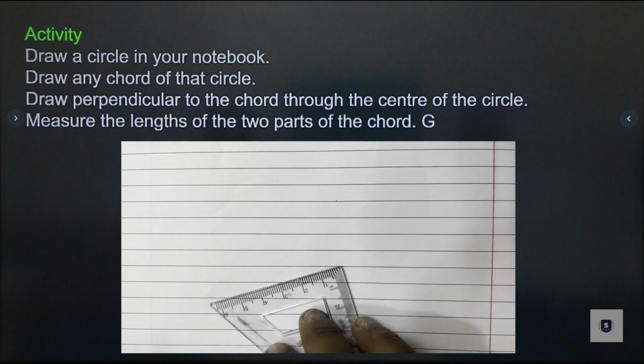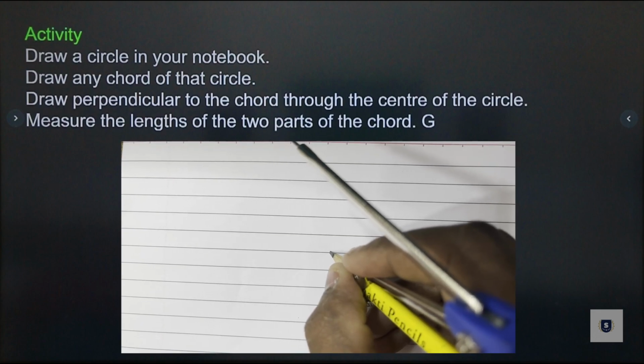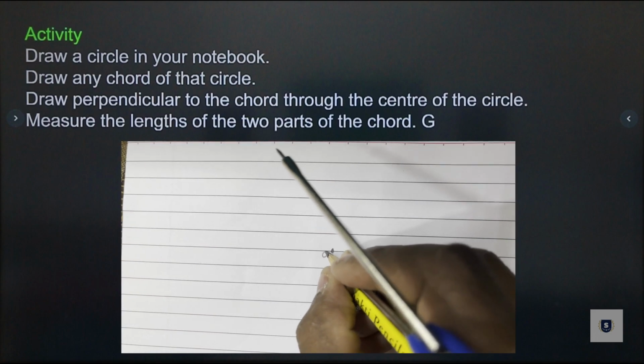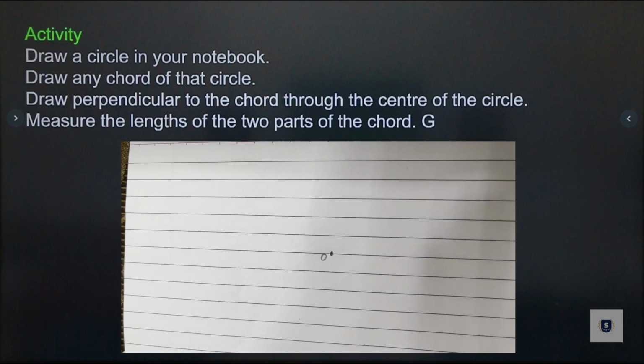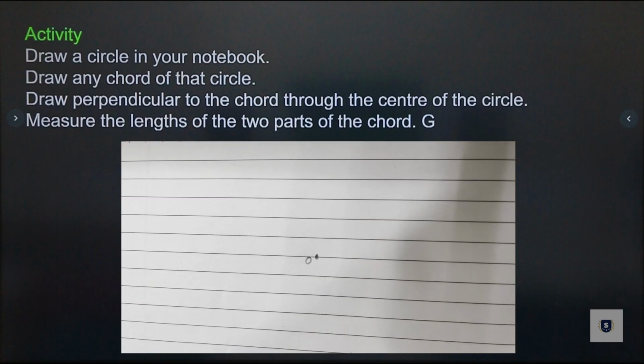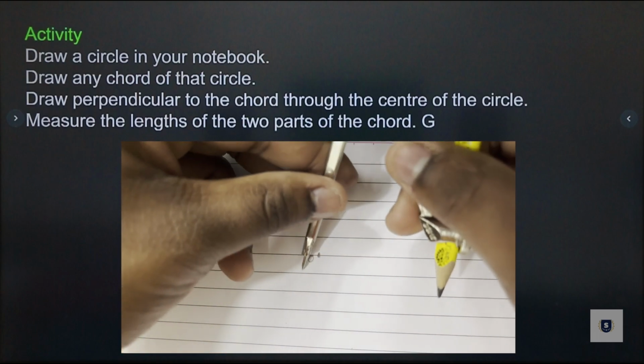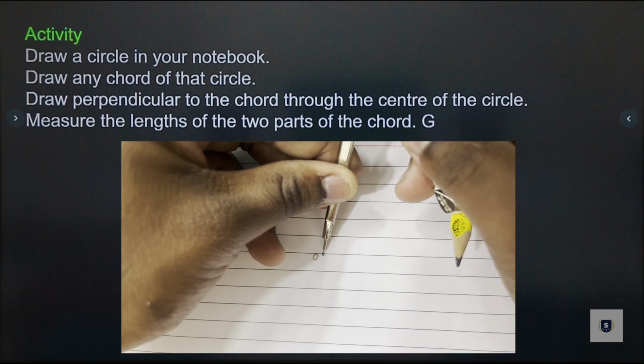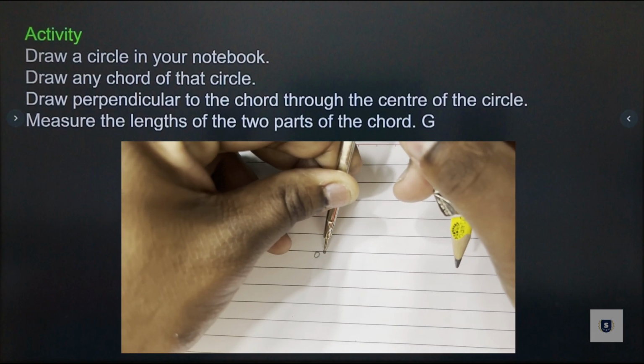Take a point O exactly on the line, always label it as O. Now keep the pointer at point O and draw a circle of any radius.